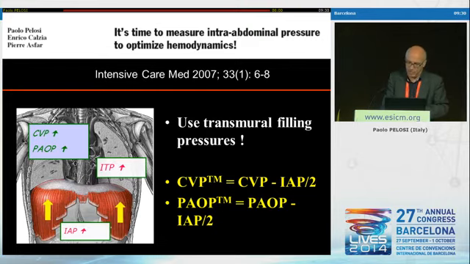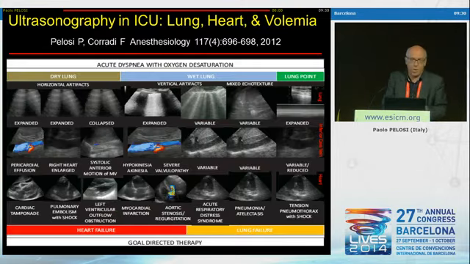Overall, we believe that echography is very, very important in these patients, because we can get information on the lung structure, and I showed you that intra-abdominal pressure can markedly affect lung edema and eventually lung injury.